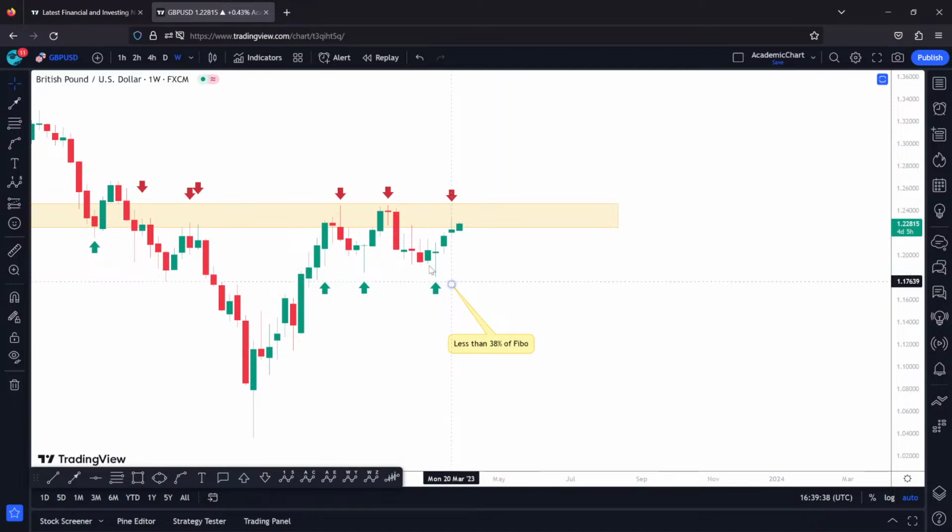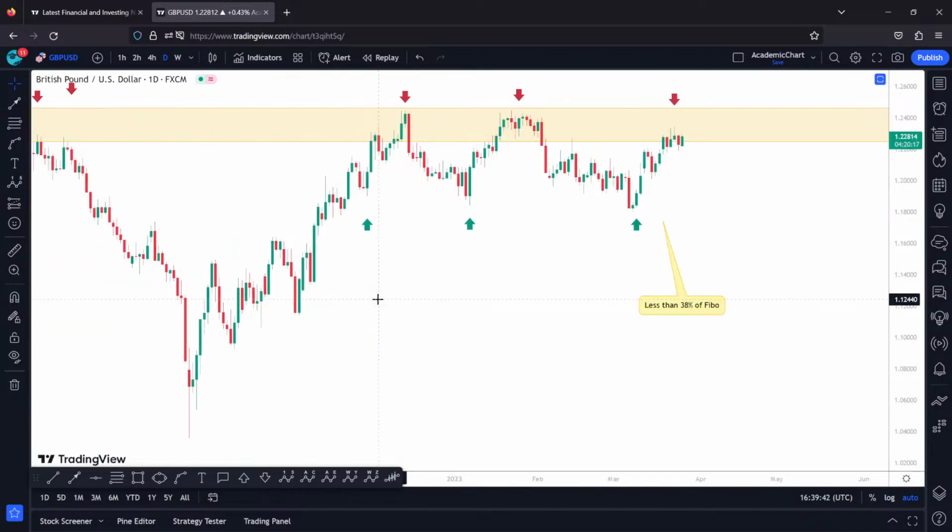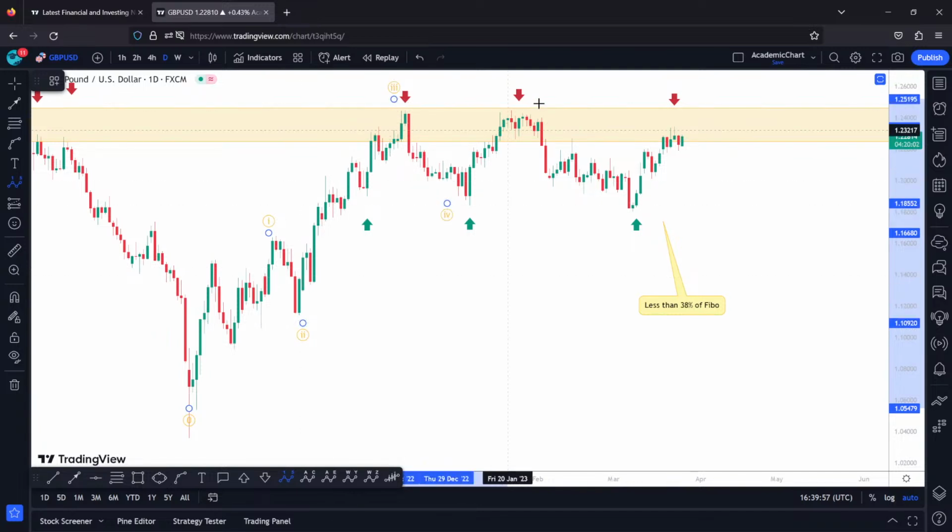So let me count these waves in another way, to see how it can impact our long-term conclusion in the second scenario. So if I count these as maybe 1, 2, 3, 4, 5, but this is going to be the major 1, 2, 3, 4, 5.